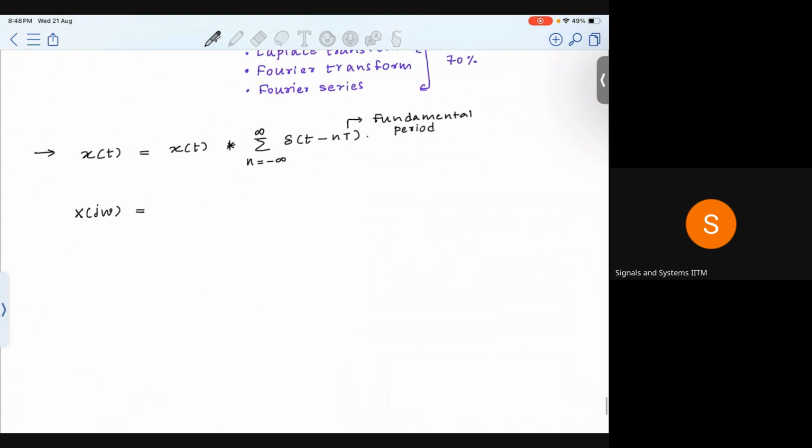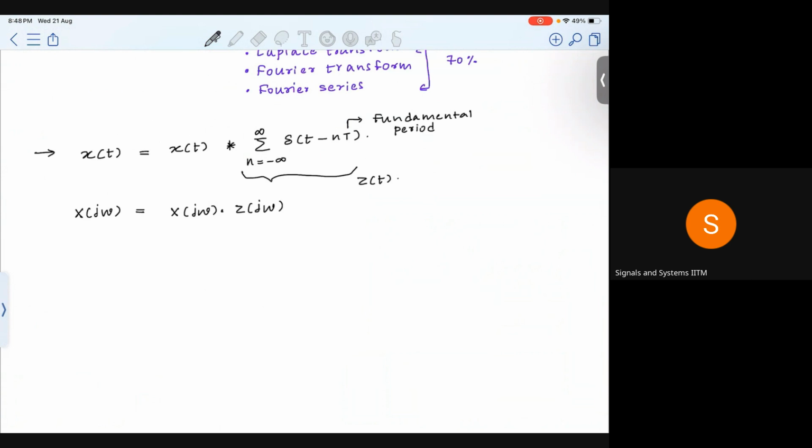Let me call this thing as some z of t. Okay. So x of j omega is x of j omega times z of j omega, right?